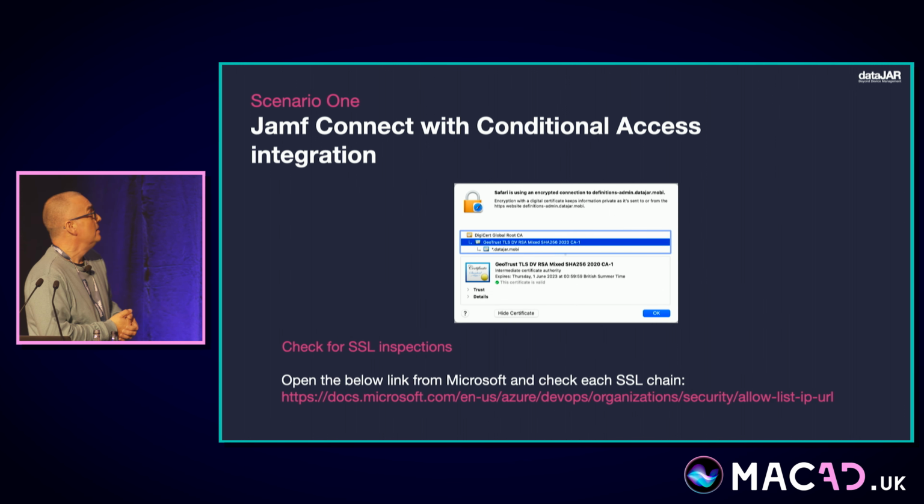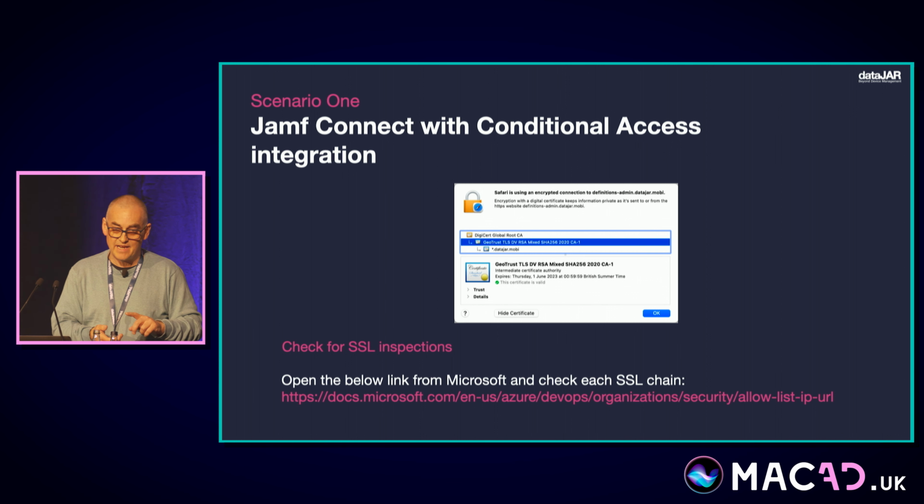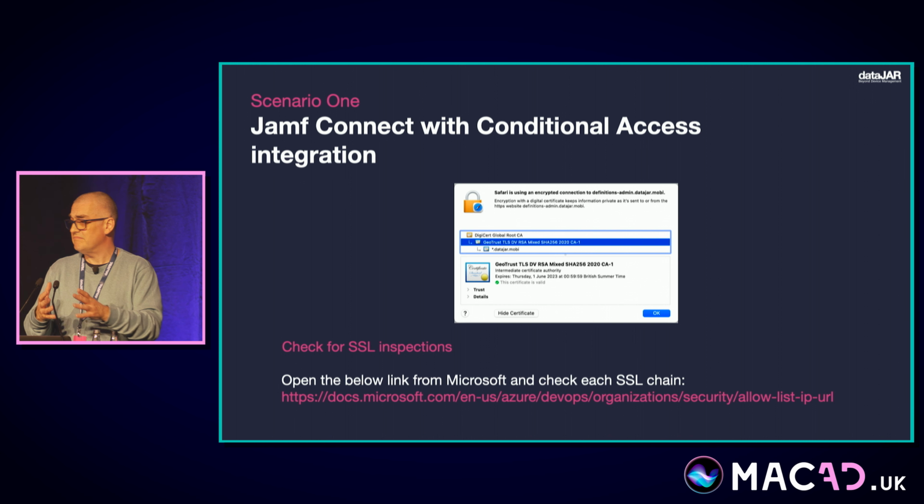The other thing which can happen is you could have a problem with SSL inspection. Now, if there are any fintechs out there, fintechs love doing SSL inspection. They'll use their Zscaler or whatever their favourite proxy is to see what's happening, to make sure that you're talking to things you should be.